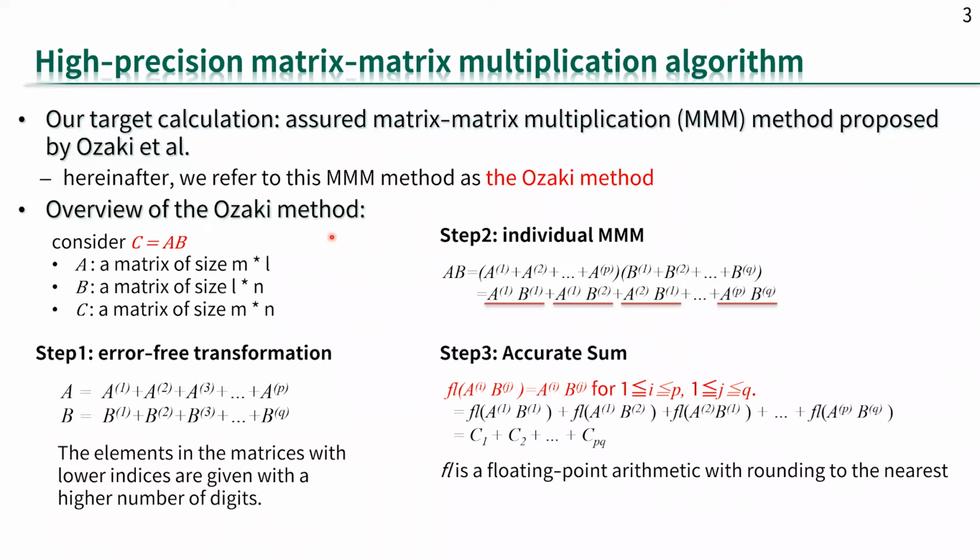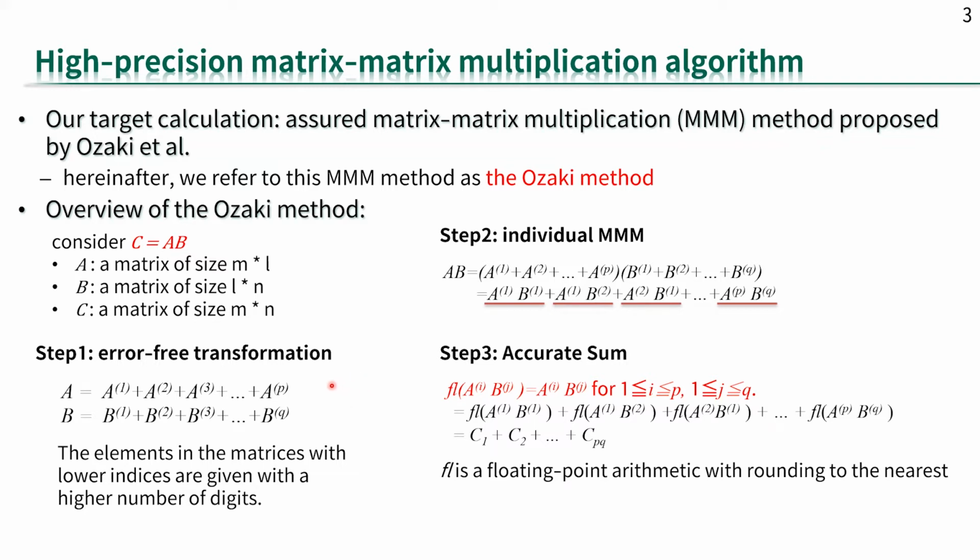This is the overview of the Ozaki method. Let's consider C equal A times B. A, B, and C are matrices with these sizes. The first step is the error-free transformation. In this step, matrices A and B are divided into submatrices.